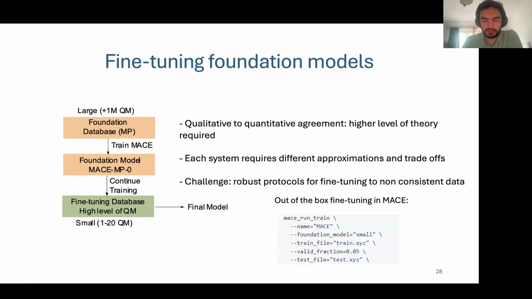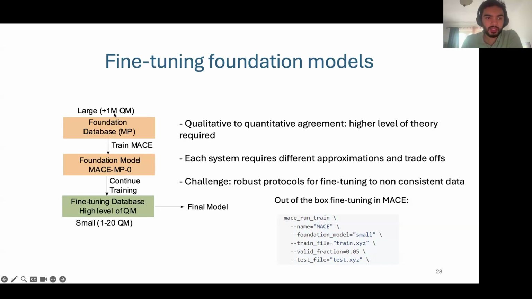So just a bit of explanation on what fine-tuning is. The idea is that you take your foundation database, you train a foundation model, and then once you want to use it for producing real science, usually either the foundation model is not accurate enough to simulate the thing you're interested in, or the DFT that you have used to produce the database is not accurate enough either.